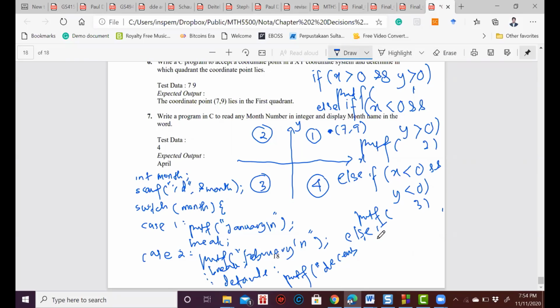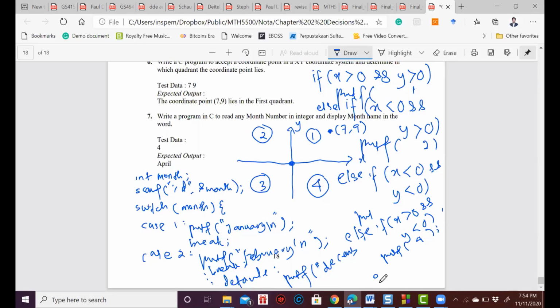Okay, Eliana asked me, how about the origin? So at quadrant 4, we put else if x positive and y, and then 0, and then print quadrant 4.